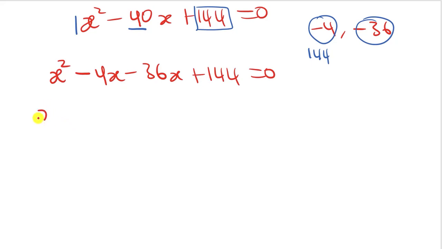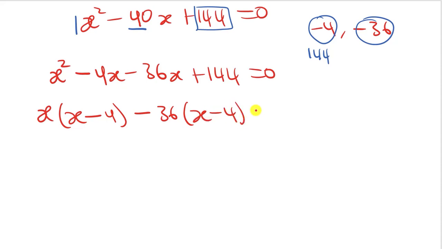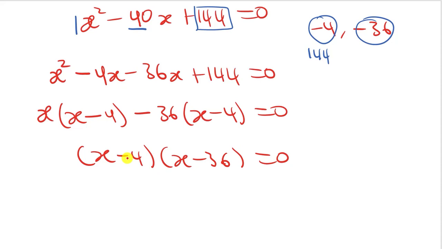So we are going to have x bracket open, x minus 4, minus 36 bracket open, x minus 4, being equal to 0. And we are going to have x minus 4, x minus 36 being equal to 0. Try equating each linear factor to 0. So we are going to have x minus 4 being equal to 0, which implies that x is equal to 4, and then we'll pick the other linear factor.